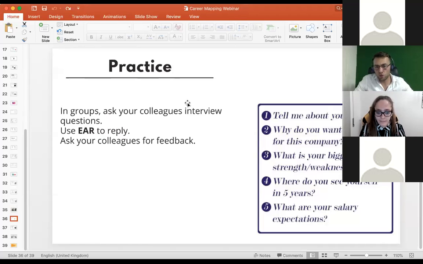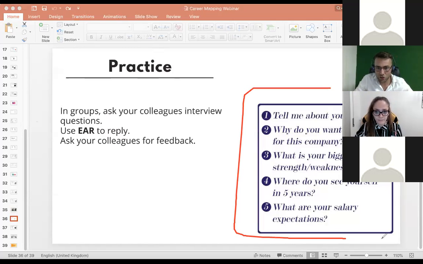Okay, for the purposes of this practice together, we're going to go into our groups again, and we're going to practice interviewing each other using these very, very simple standard job interview questions. Okay, they're very basic, and I chose these questions because we are focusing on our answers, not on the questions.